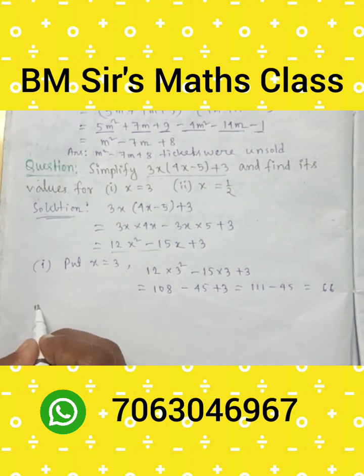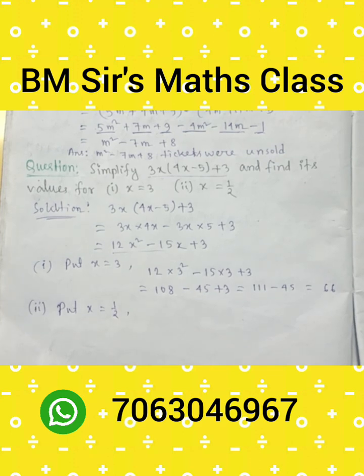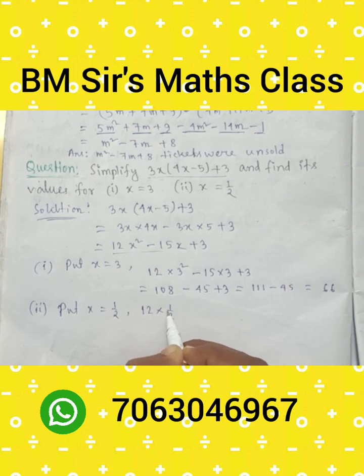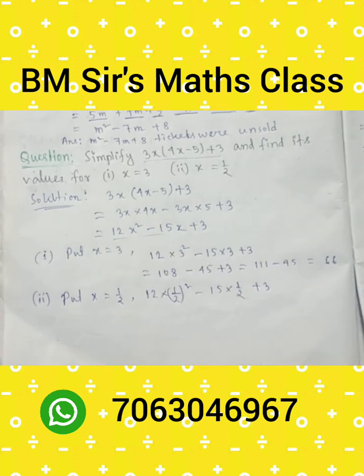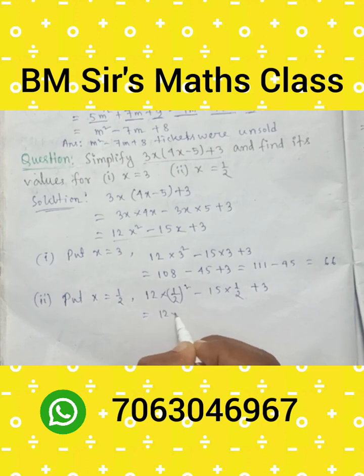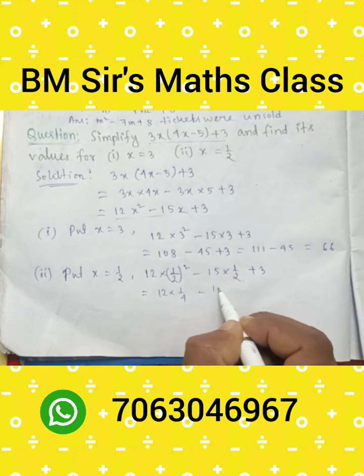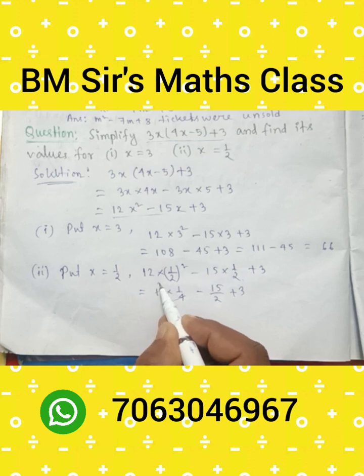And for the second part, there is one value, put x equal to half. If you put x equal to half, then you'll get 12 into half square minus 15 into half plus 3. So it is 12 into 1 by 4 minus 15 by 2 plus 3. 4 3s are 12, 3 plus 3 is 6.